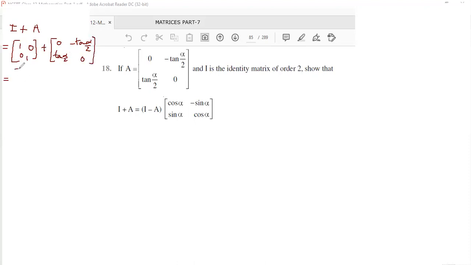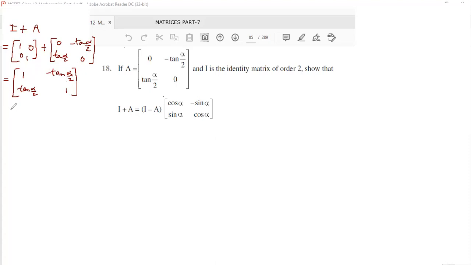So we get, left hand side, [1+0, 0-tan(alpha/2); 0+tan(alpha/2), 1+0], which is [1, -tan(alpha/2); tan(alpha/2), 1]. This is our left hand side.